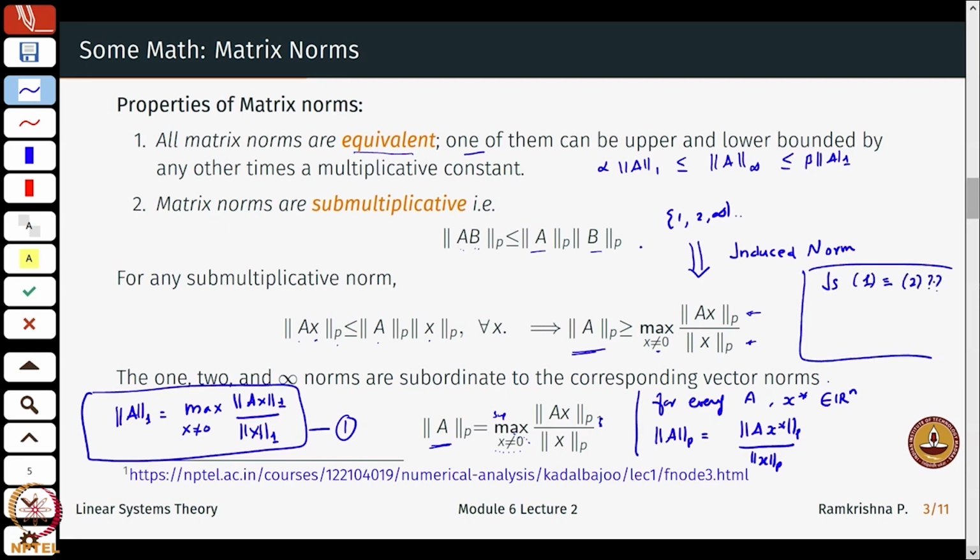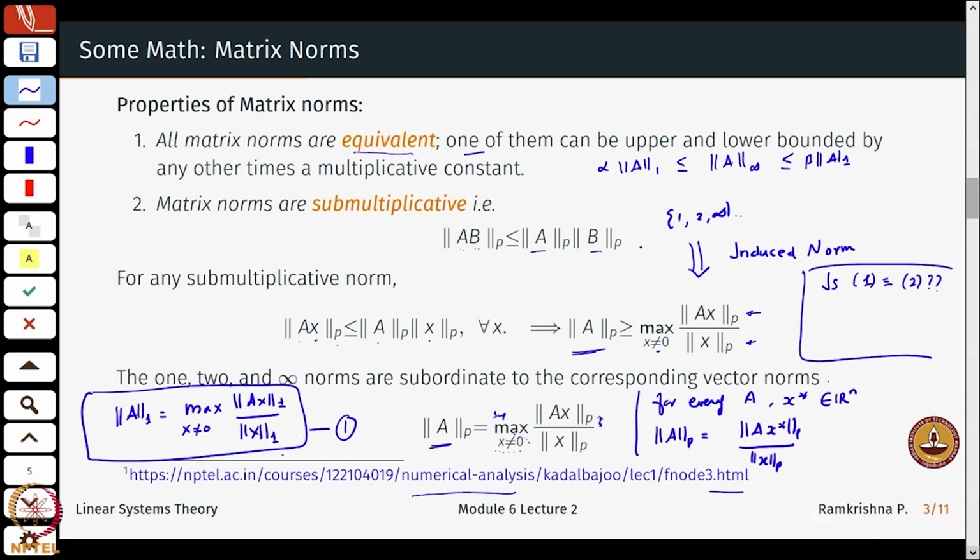The answer is yes. It is a little proof, not very complicated. So I will skip the proof, but you can follow this link to another NPTEL lecture on numerical analysis. These notes will give you a very nice exposition of the proof.